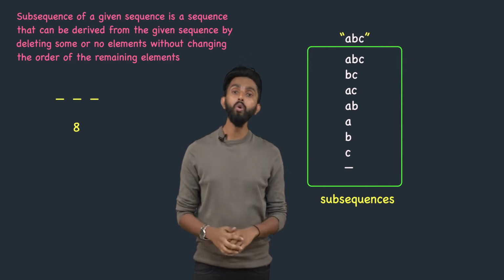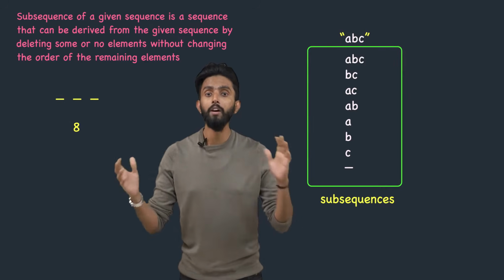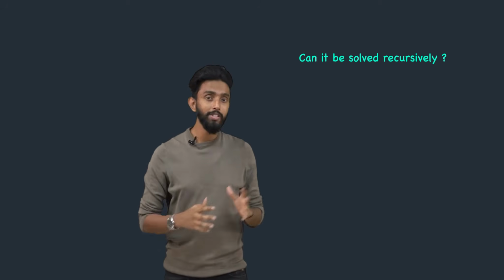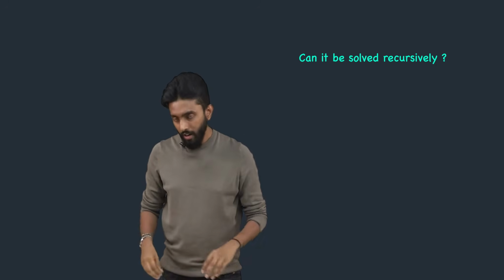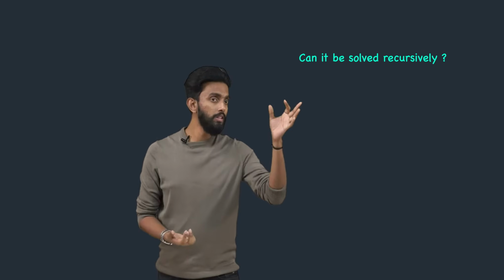Now how do we go about achieving this? Through recursion. It's because it's a commonly asked recursion question, right? Now you must understand one thing. Whenever you want to solve something recursively, you must always ask yourself the question, can it be solved recursively? And I have previously also helped you understand that to check whether something can be solved recursively, you have 3 points.